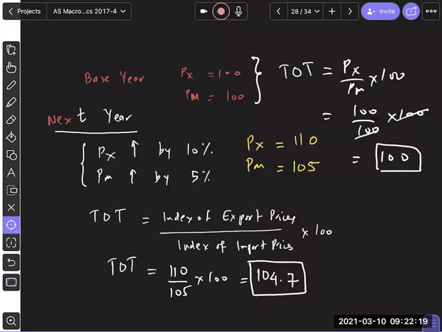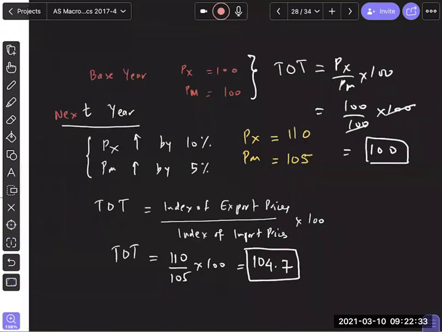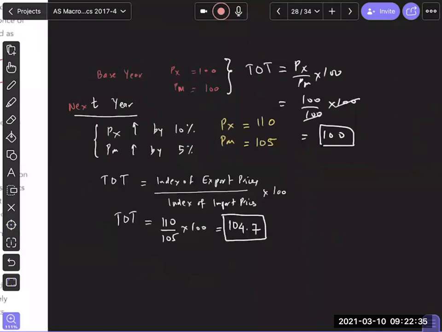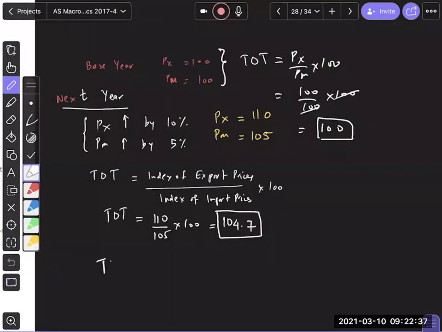So an improvement in terms of trade basically means that a country's relative export prices are rising more than import prices. Okay, we say this is called terms of trade have improved. And the way I'm going to define terms of trade is ratio of export prices to import prices.